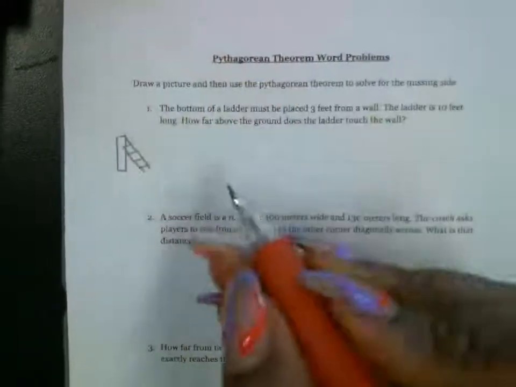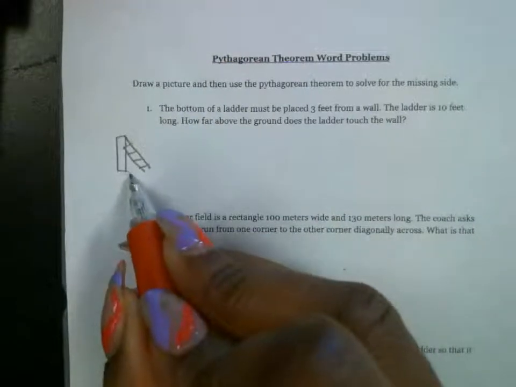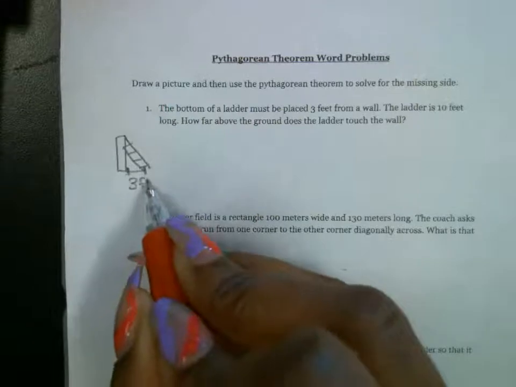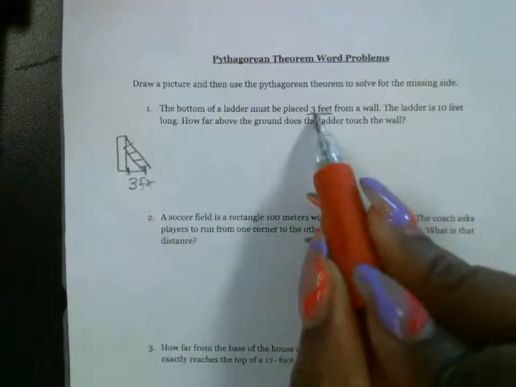So this is the wall, and a ladder is not going to stand up by itself. It's going to lean up against the wall, just like we did in the warm-up. The bottom part is placed 3 feet away, so the ladder is 3 feet from the wall.